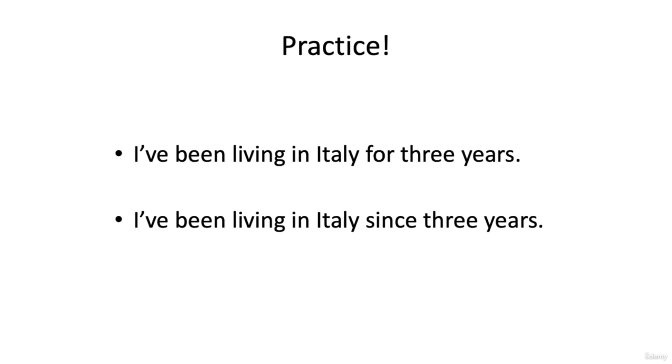I've been living in Italy since 3 years. The correct sentence is the first one. We use the preposition for to indicate a period of time, 3 years. We use the preposition since to indicate a specific date. I've been living in Italy since December.